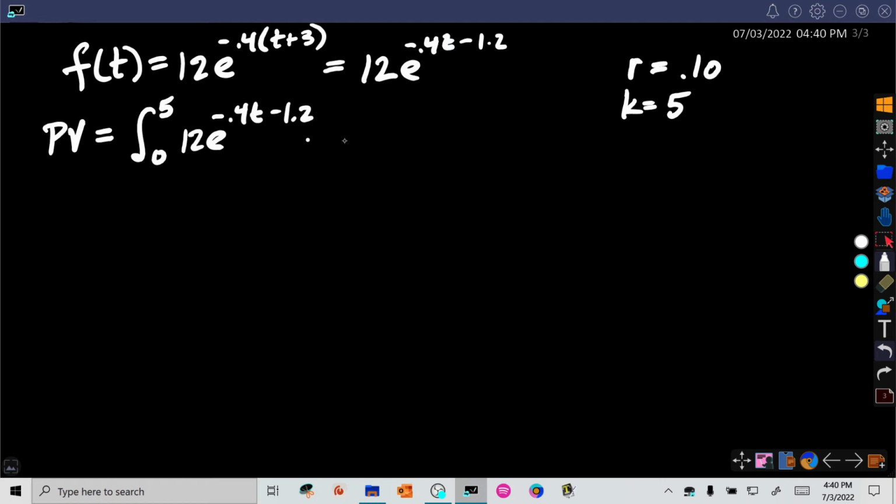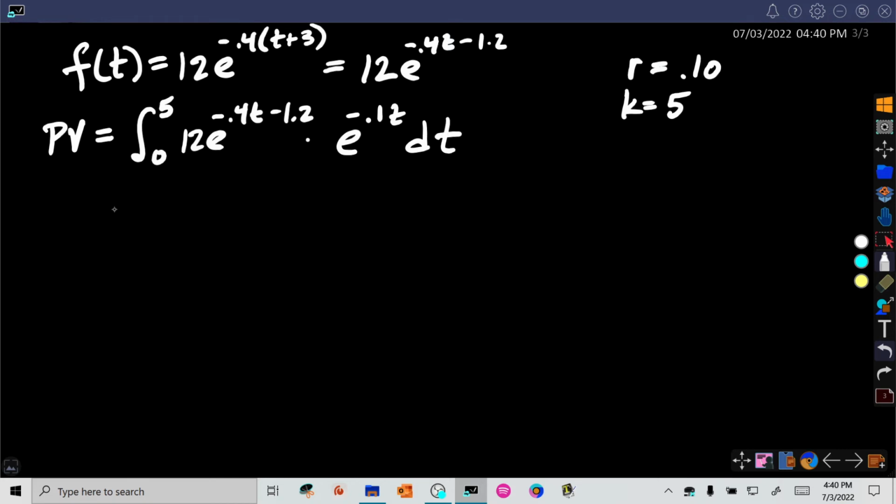And then I'm multiplying it by e to the minus RT, which is a minus 0.1, from the interest rate that we got up here, times t, dt.